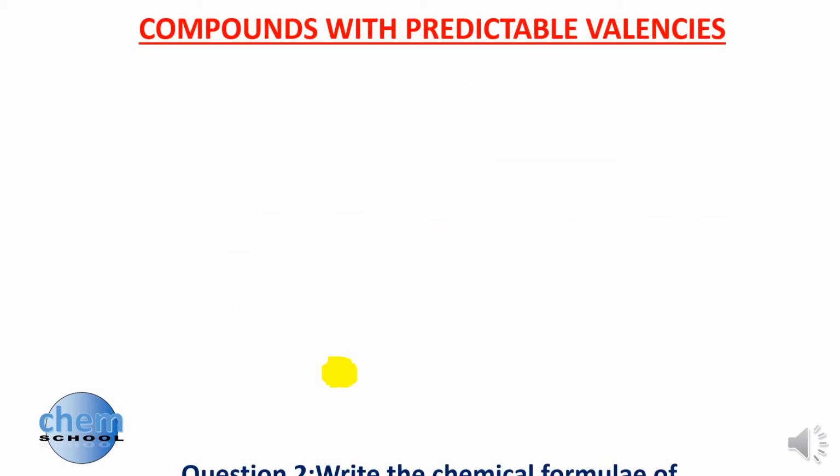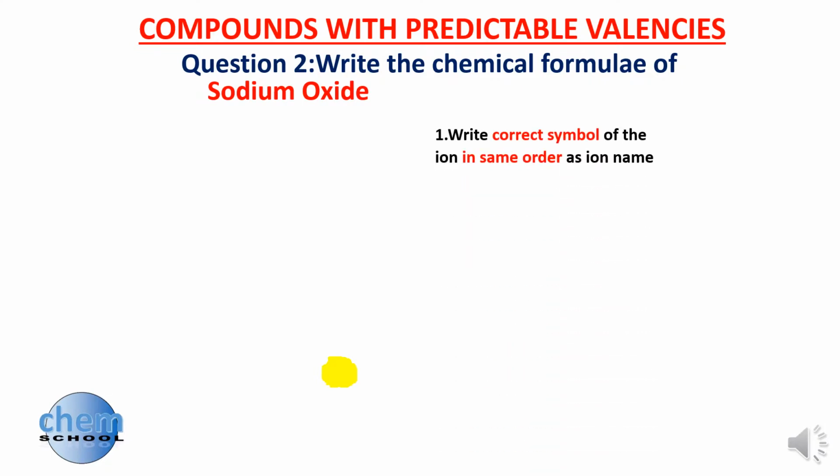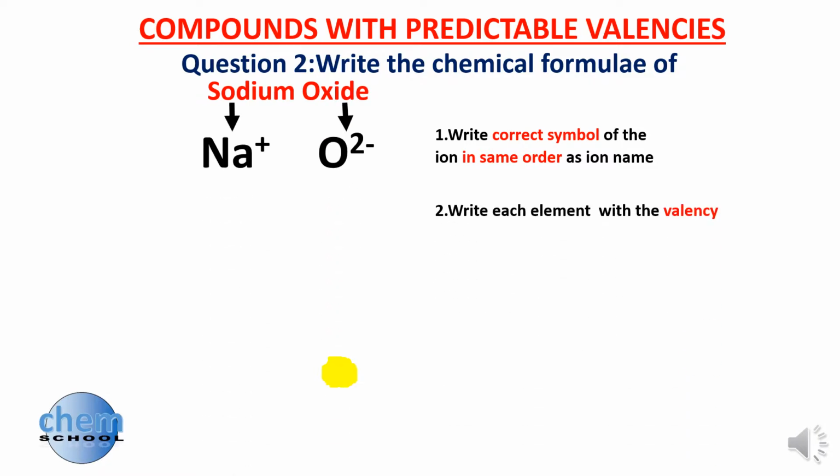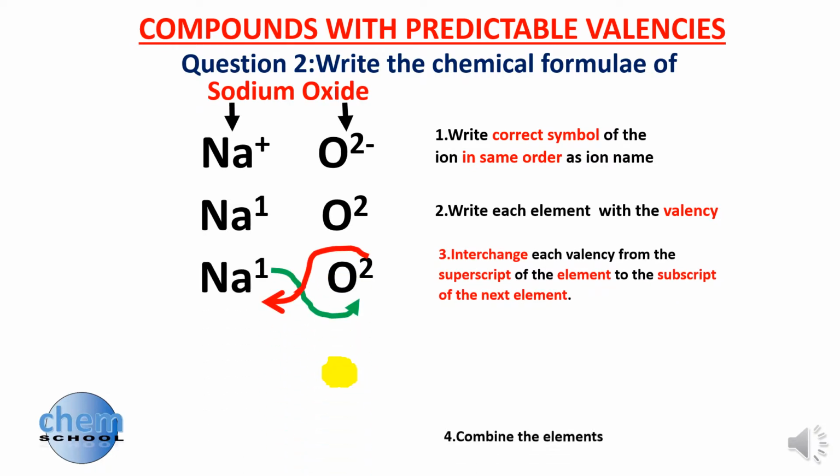Example: write the chemical formula of sodium oxide. Again, write the correct symbol of the ion in the same order as the ion name, as shown. Then write the valencies correctly. From there, interchange, following the arrows correctly.